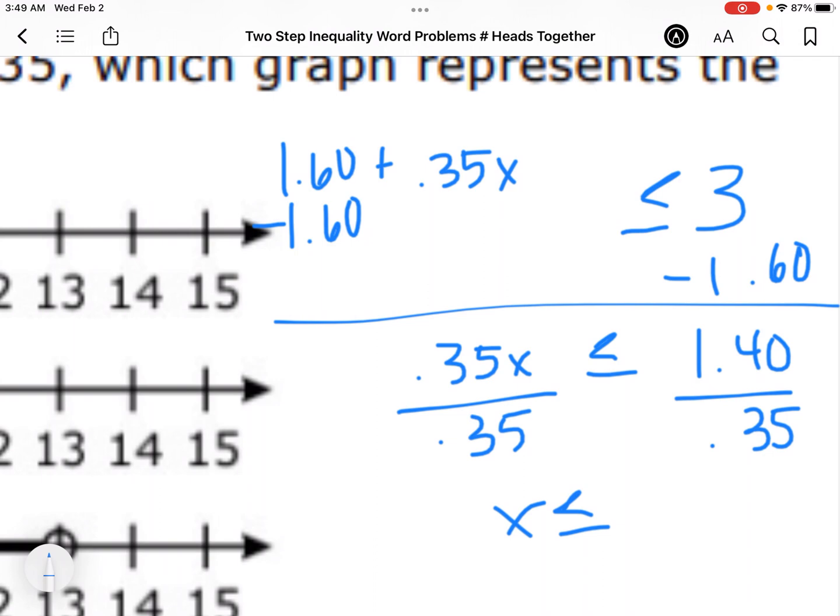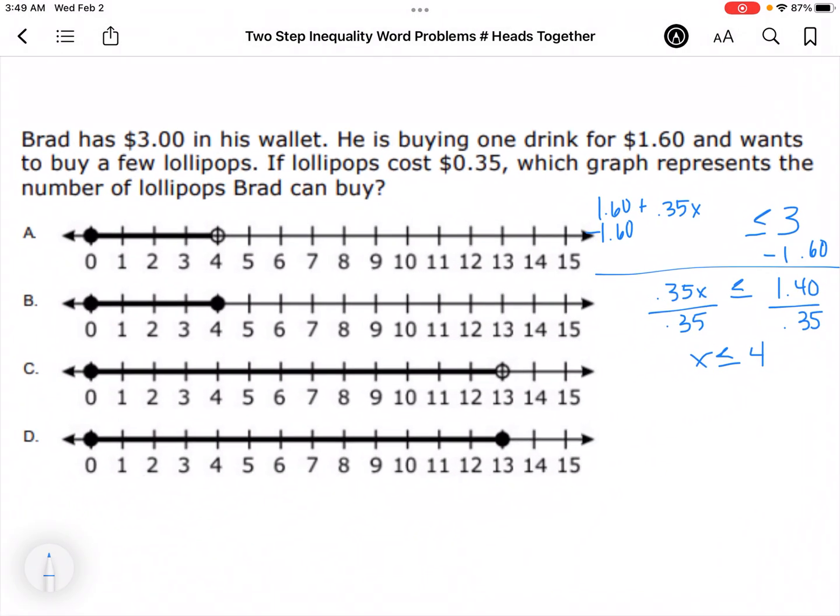So $1.40 divided by 35 cents. So it's got to be less than or equal to 4.